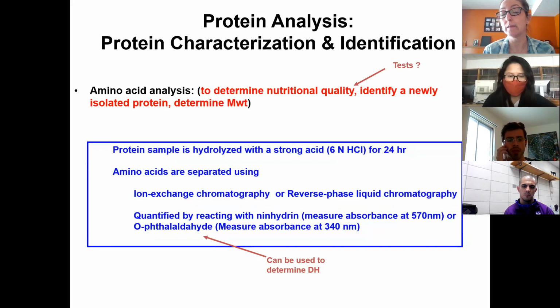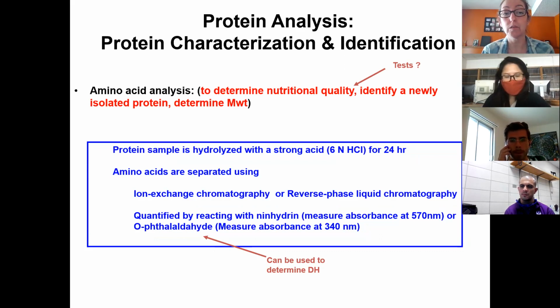Basically, we determine composition for nutritional quality, but we also want to understand any newly isolated protein. We need to know its composition of amino acids and also the sequence of amino acids. It also gives another way of determining molecular weight: by adding up the individual molecular weights of the amino acids, you can get the total molecular weight of the protein.